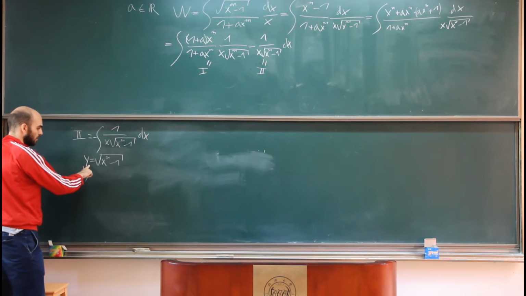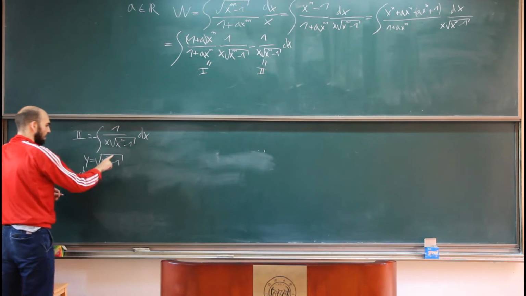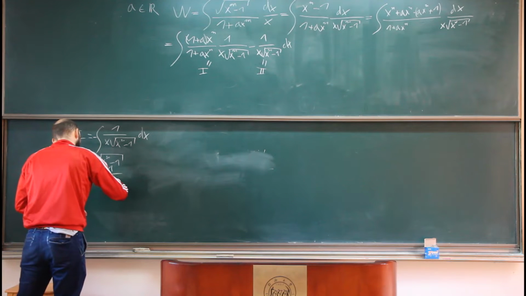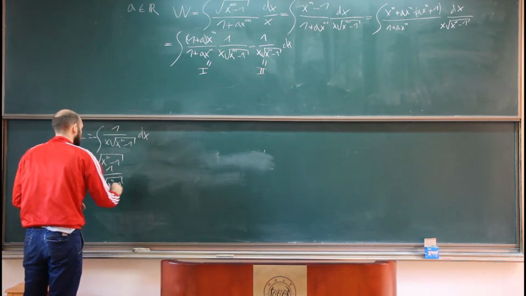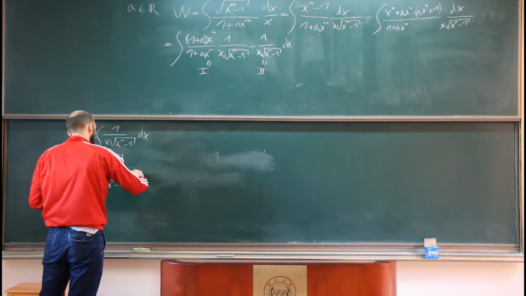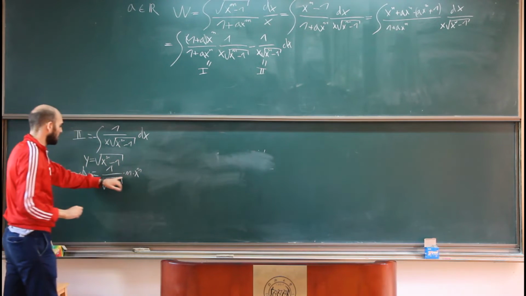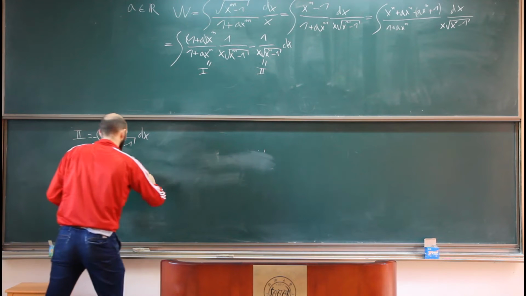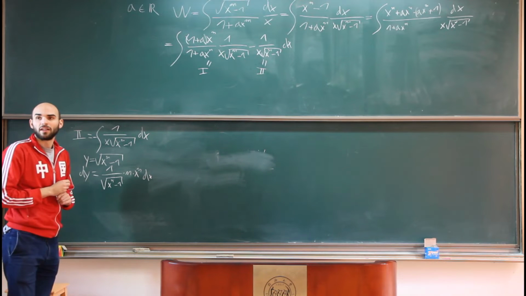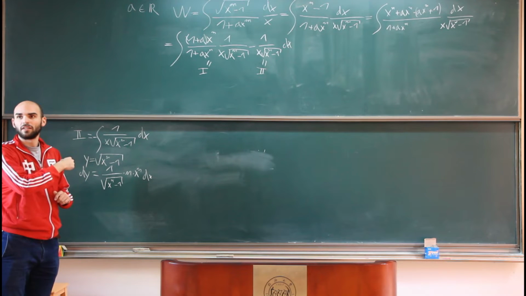So the derivative is dy. And the square root, we've got to differentiate it first. We get the following expression. And now the inner derivative times n times x to the power of n. And don't forget the dx at the end. Really important. You need this.